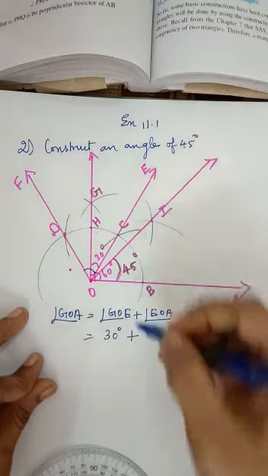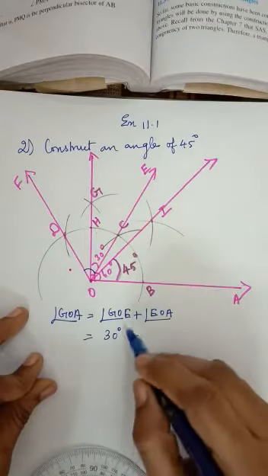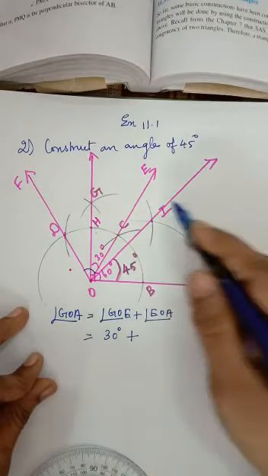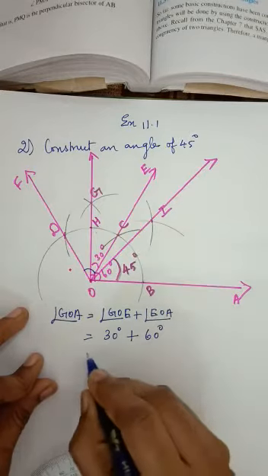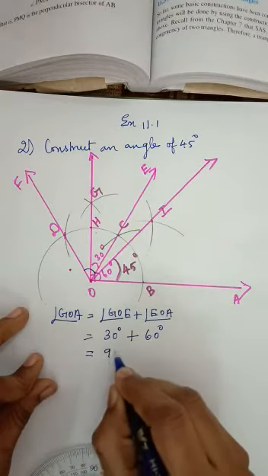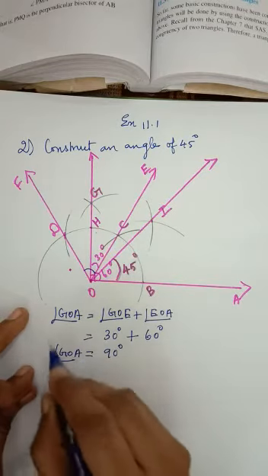Already we have proved this in the first sum. Angle EOA is 60 degree. At last, 30 degree plus 60 degree is equal to 90 degree. So angle GOA is equal to 90 degree.